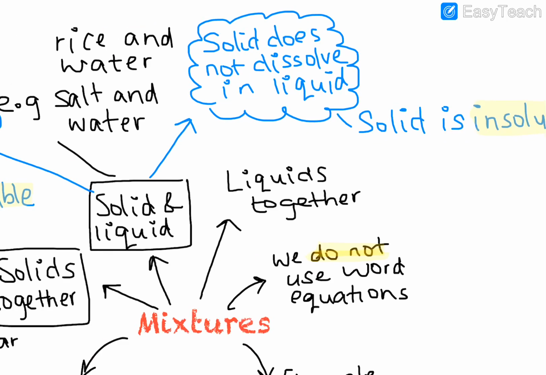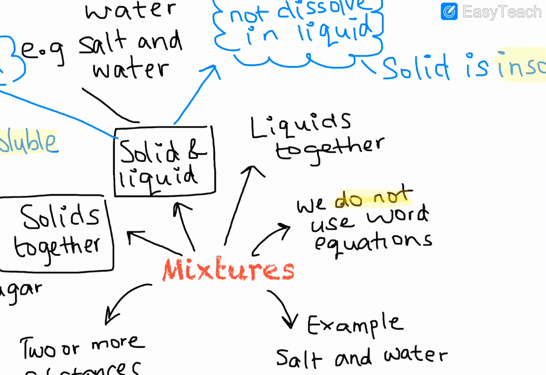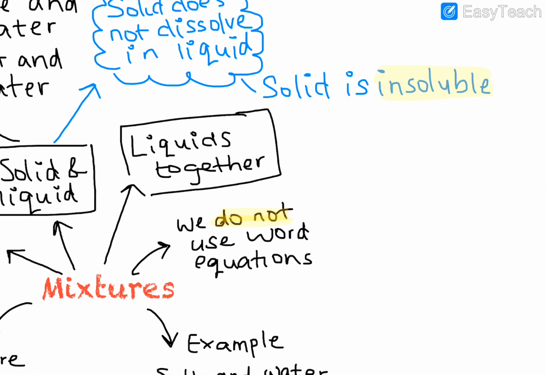Another possibility when we have a mixture is that you have liquids that are together. You could have two liquids, you could have three liquids, or just to put it in general, liquids together. For example, alcohol and water. These are two liquids that are together.